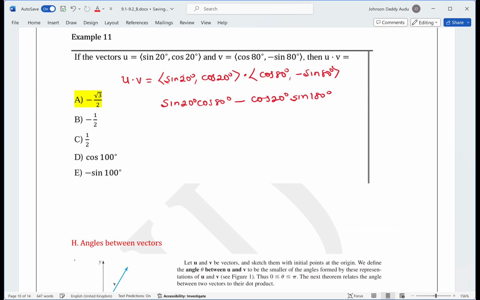Now if you look at this one, you can write it this way because multiplication is commutative.